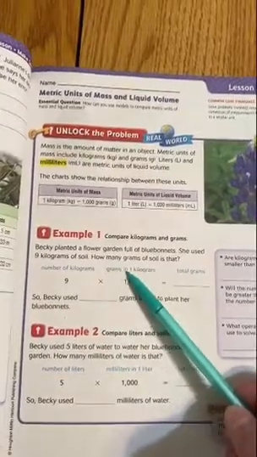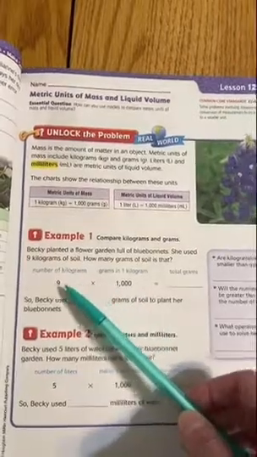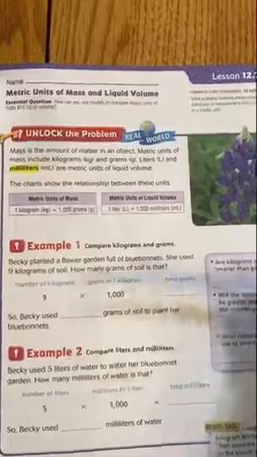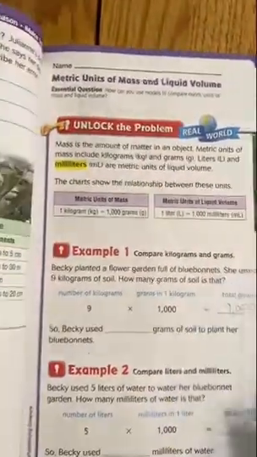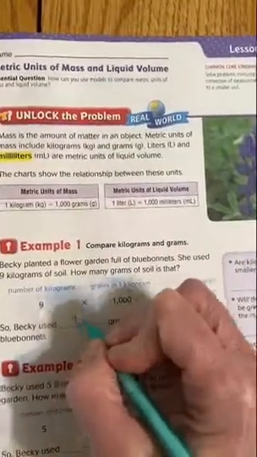The number of grams in 1 kilogram is 1,000. So you can take 9 times 1,000, which is 9,000 total grams. So Becky used 9,000 grams of soil to plant her bluebonnets. Pretty straightforward.